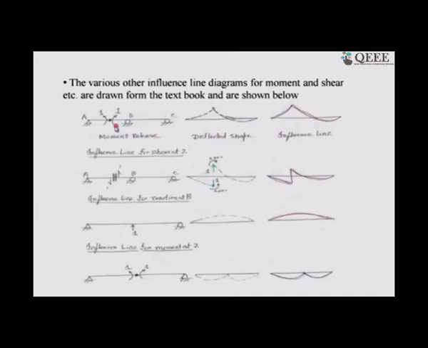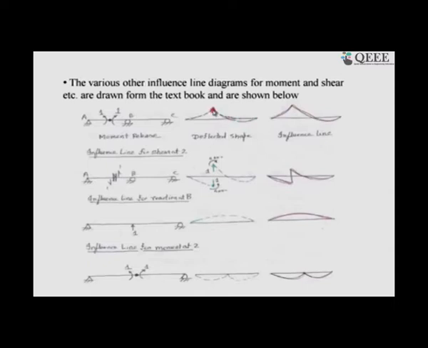You can easily realize, if you are interested in the influence line diagram for the bending moment here, what you need to do for the structure is release the bending moment by releasing it here. If you release it and put it back with a pair of unit moments, then definitely it deflects like this. You may say that this part will deflect straightaway and this will have a curve.